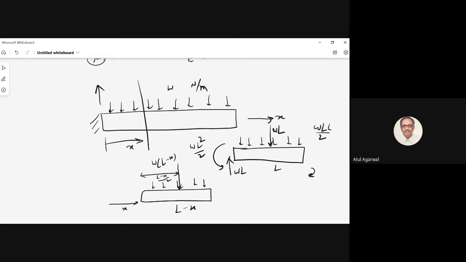This distance is L minus X. So the total external force on this right half is W into L minus X, and this applies at a distance L minus X by 2 from here. If I show shear force and bending moment, it has to be like this. These are the positive directions of shear force and bending moment, as it is a negative face. So this is a negative face.